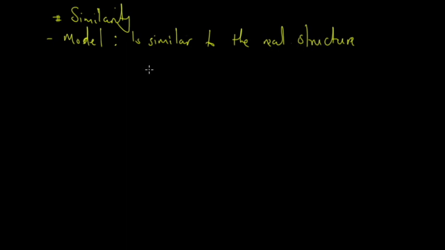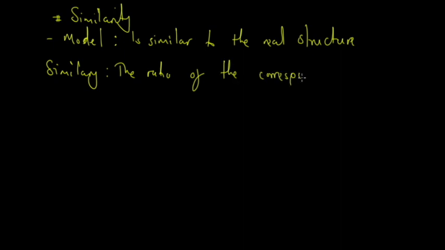It's similar in measurements. So when we talk about similarity, it's a concept that we use in maths. When we say something is similar, we mean that the ratio of the corresponding sides is constant.